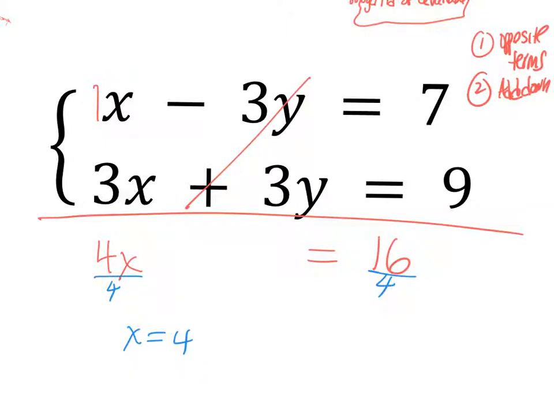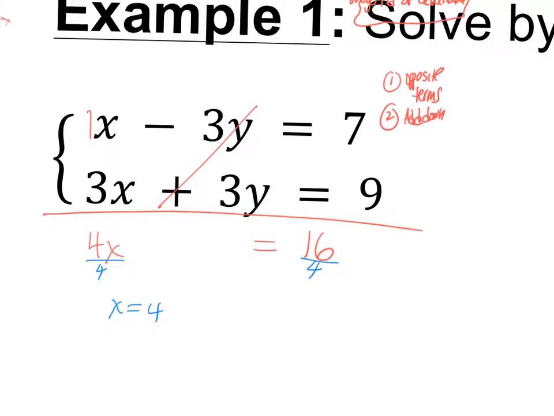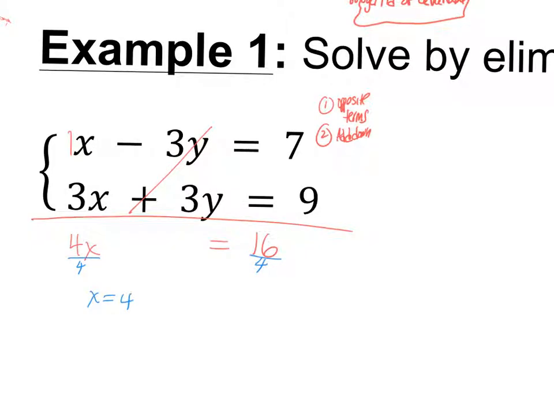If you know that x is equal to 4, then you can plug it into one of those equations. Let's put it in that one because that one's pretty easy. And solve for y. So if x minus 3y is equal to 7, and I know that x is equal to 4, then I can substitute 4 into that x.